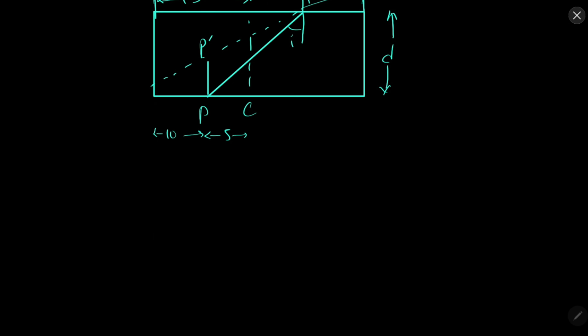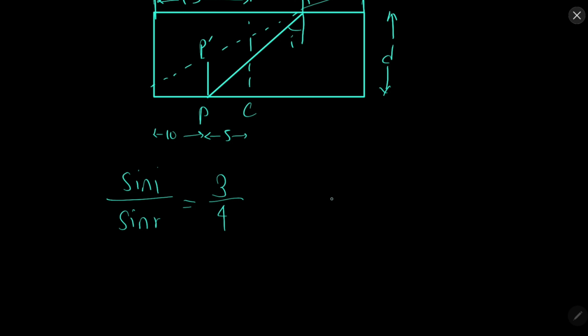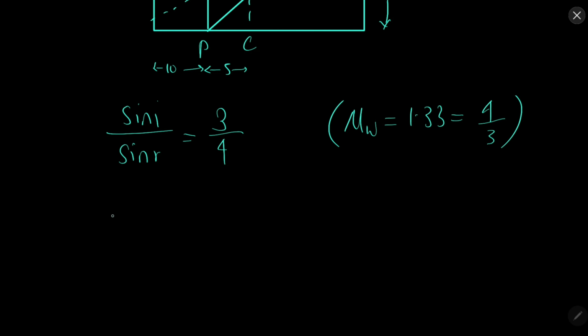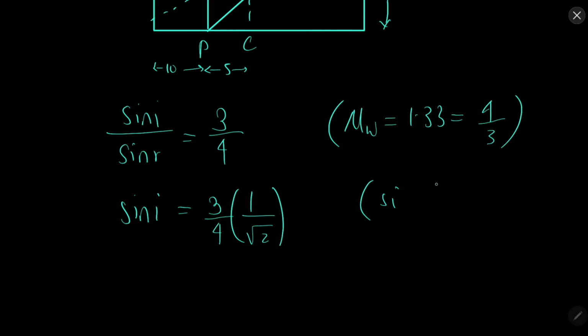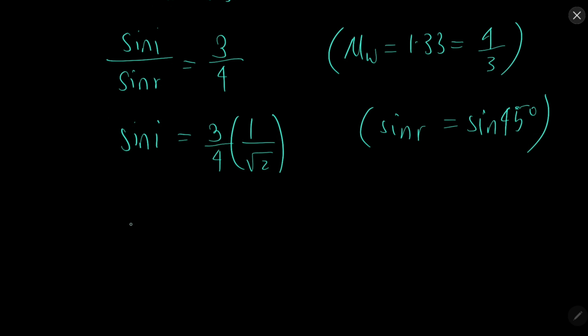So now what we will have is that sin I over sin R will be 3 by 4 because of this. Sin I will be 3 by 4, 1 by root 2, because sin R is sin 45 degree, which is 1 by root 2.